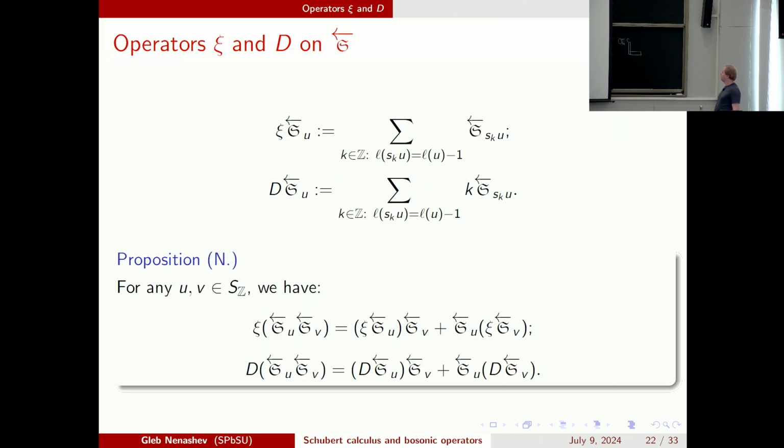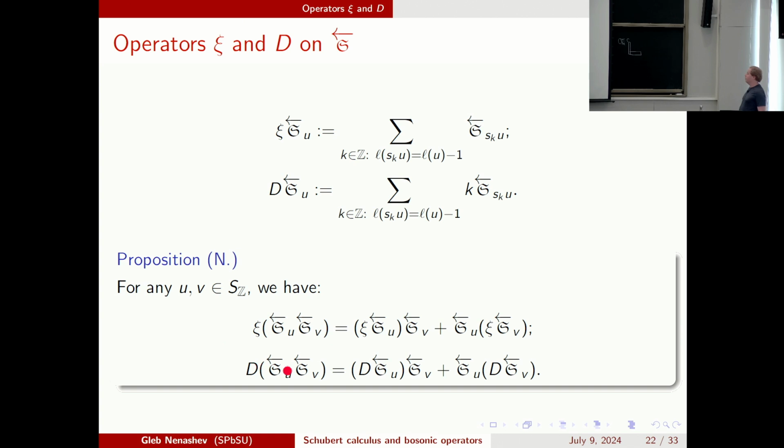But there are some pluses here. But at first, let's define the operators, Xi and D. Now Xi we just multiply by Sk, a simple transposition, on the left if the length decreases by 1, with coefficient 1. And for D, we have coefficient k. Note that now we can get negative coefficients because k can be negative.